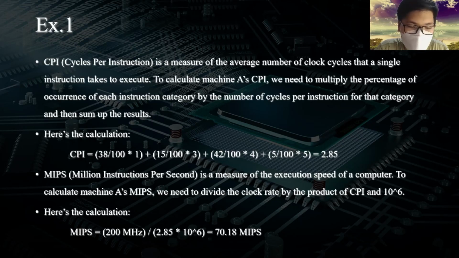Here's the calculation. MIPS equals 200 megahertz divided by 2.85 multiplied by 10 to the power of 6, equal to 70.18 MIPS.